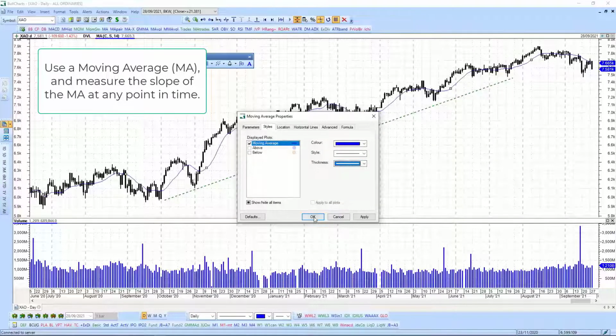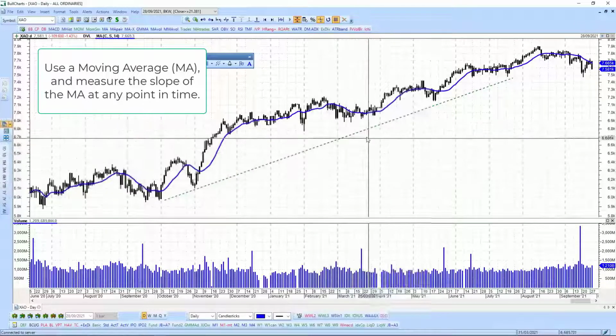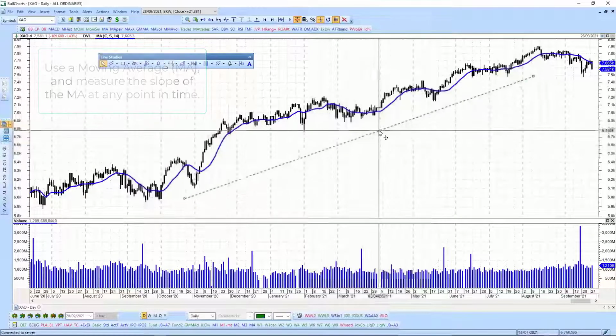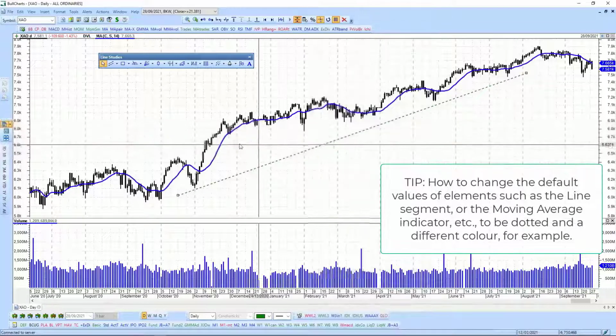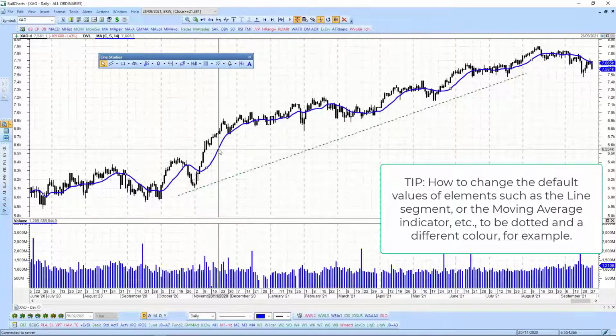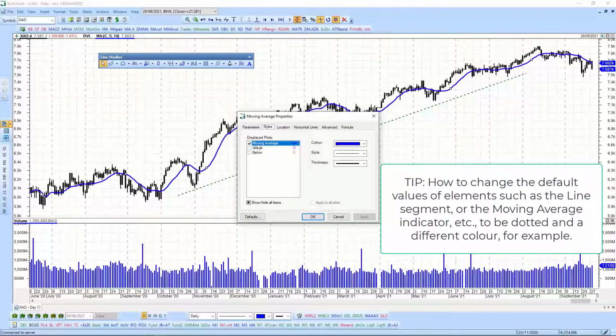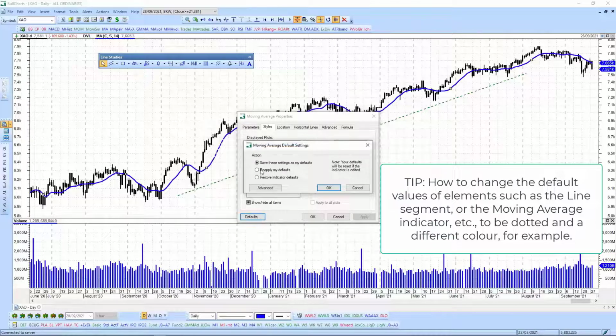One of the things that you might have wondered was when I put this straight line on my chart, it was already green and dotted. The way that I've done that is, and this is something fairly basic for some of you, but others might not realize, if you've changed something to be the way you'd really like to see it from now on, like I've just changed my moving average to be a thicker line, and I could change the style to be dotted, then you can change your default setting.